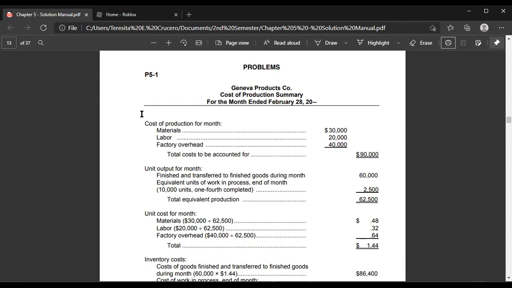So your total equivalent production is only 62,500 units. The unit cost for the month, we are now dividing materials by the EP, labor, and factory overhead. You are now dividing your factory overhead given at 40,000. So you get the average unit cost of 1.44.